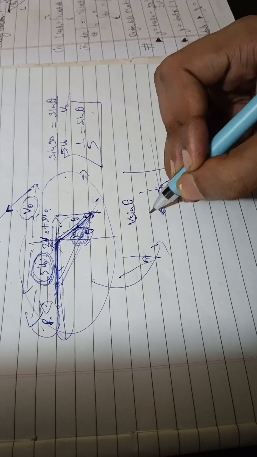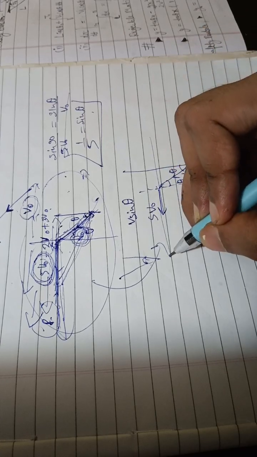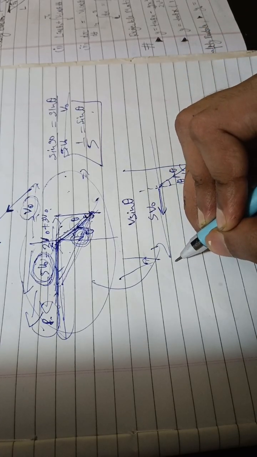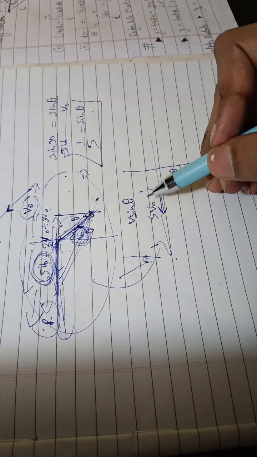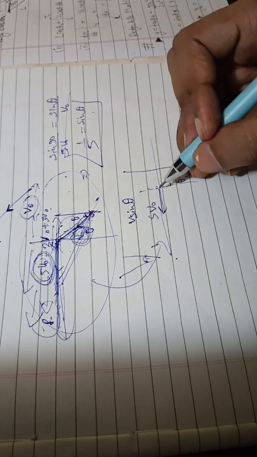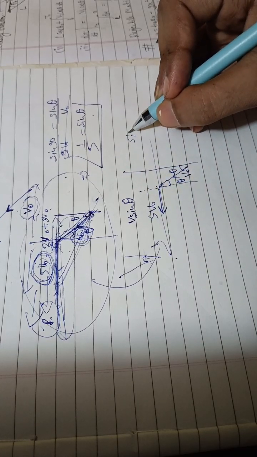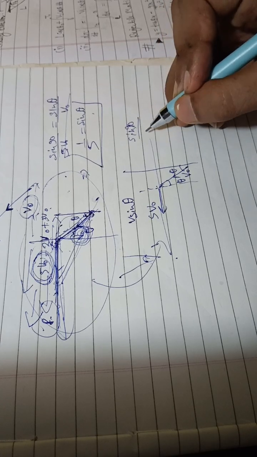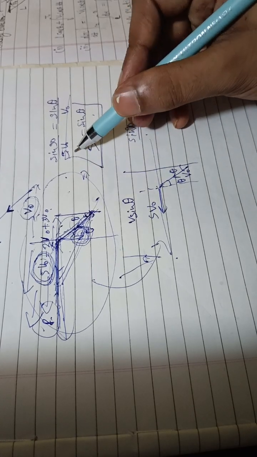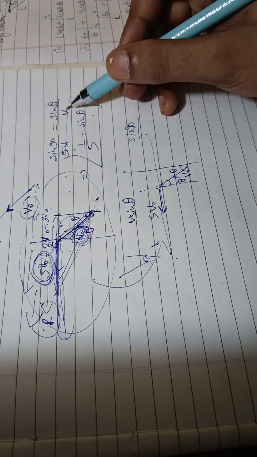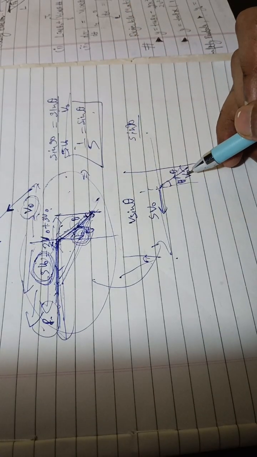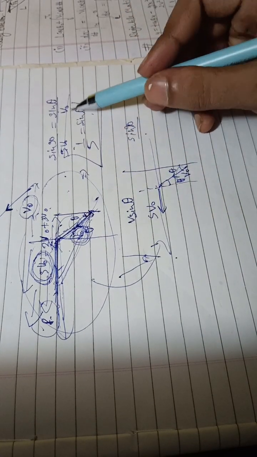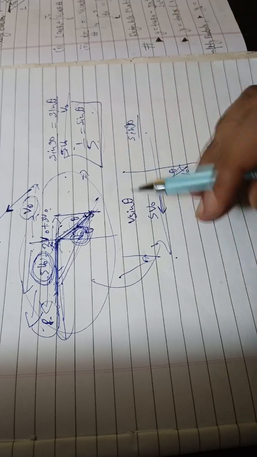The particle moves with 5 v naught in this medium and chases P. Now this means for the fastest route, sine 90 degrees divided by 5 v naught is equal to sine theta divided by the velocity in that medium, v naught. This becomes sine theta is equal to 1 by 5.